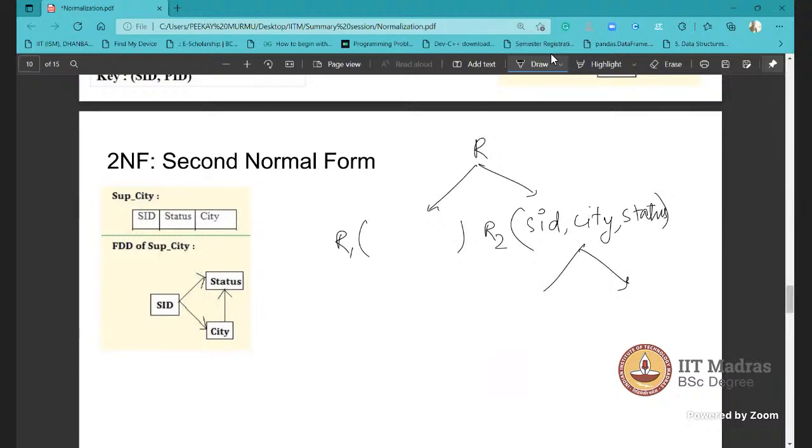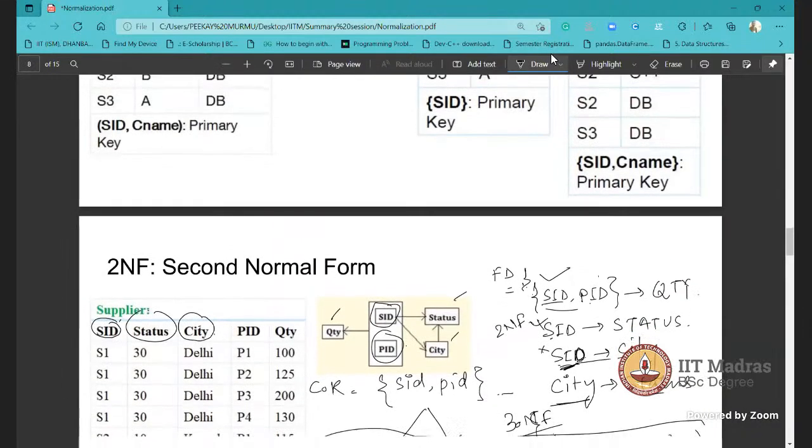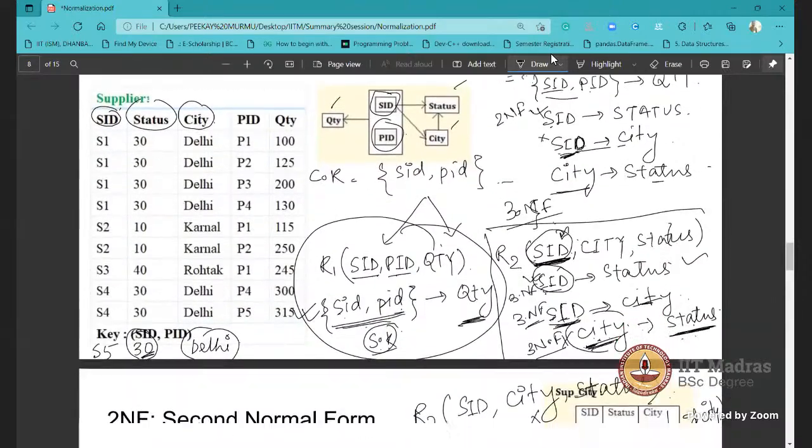And R3 contains city and status, and R4 contains SID and city. And can anyone explain what the PIDs are?